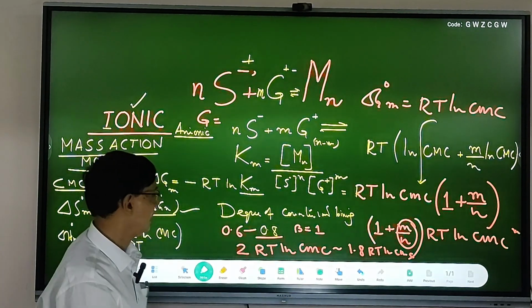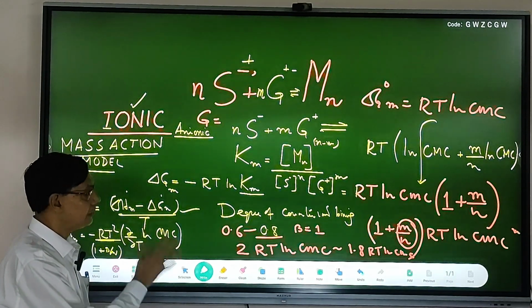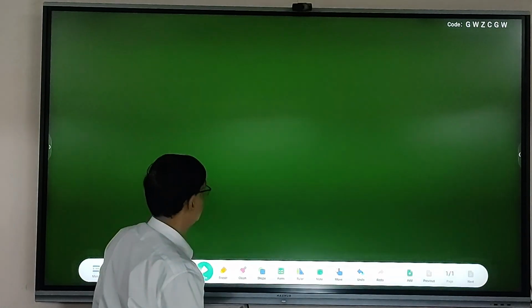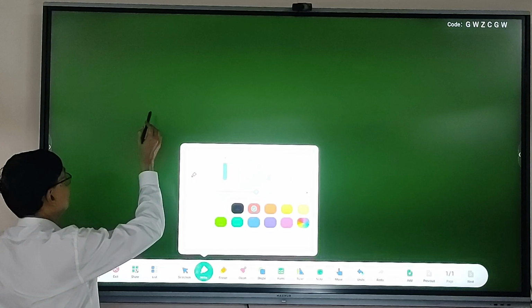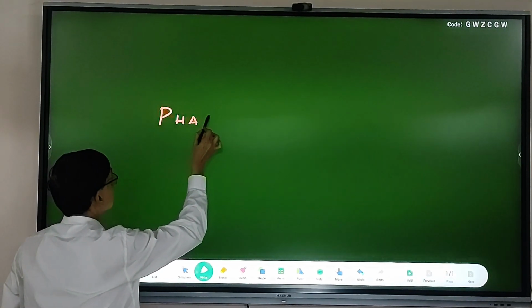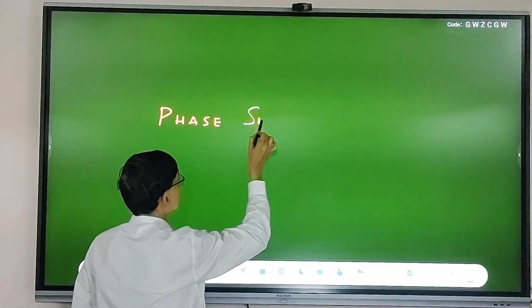Now the last part is another method, that is called the phase separation method. It will take only 2 minutes. Why is it called the phase separation method?